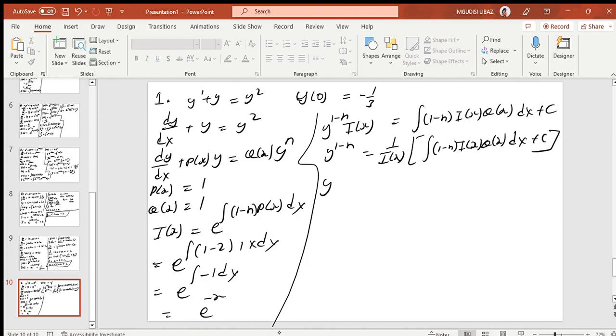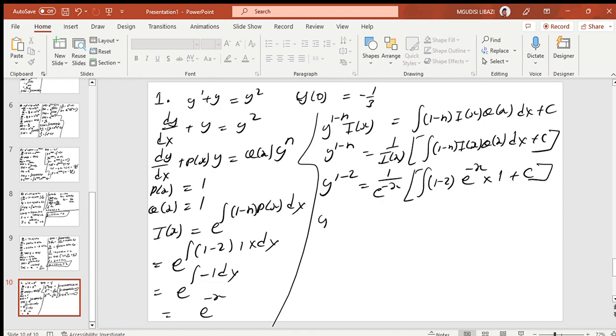So I get y raised to 1 minus 2 is equal to 1 over e raised to negative x times integral of 1 minus 2 multiplied by e raised to negative x multiplied by q of x, which is 1, and then plus c.